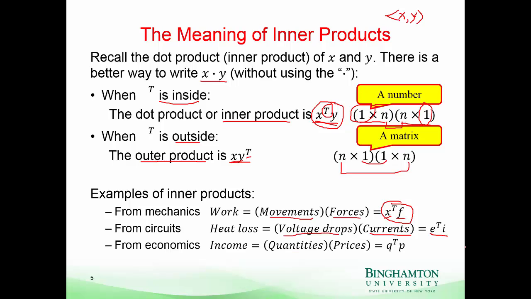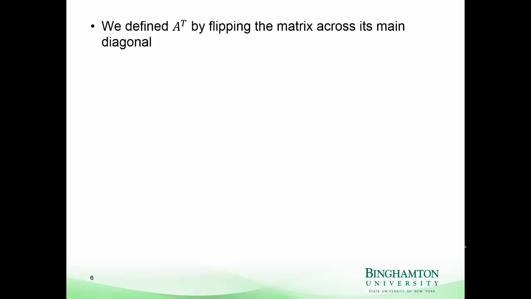And in other areas like economics, we have quantities times prices would be equal to the amount of revenue or income. So this idea of inner product, I tell you, it's everywhere in engineering. When you get into your higher level EE and COE courses, even if you're not being told this is an inner product, they're in there all over the place.